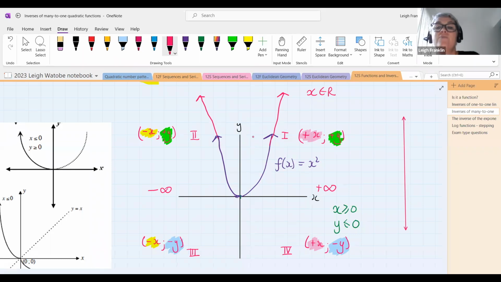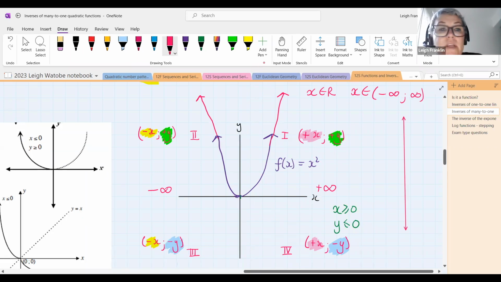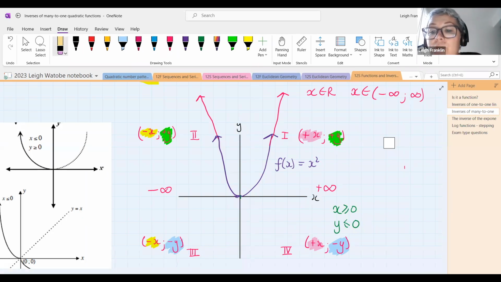The other way of writing that is that x is an element of, it must be a round bracket, from negative infinity to positive infinity. So that's the domain of your original function.